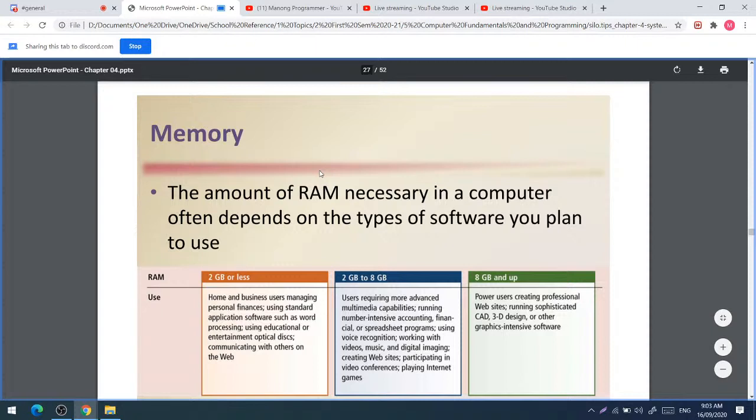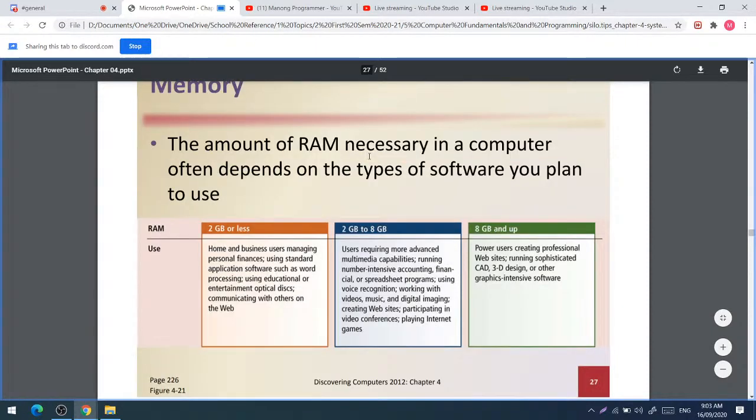Okay, the amount of RAM necessary in a computer often depends on the types of software you plan to use. Before we buy a computer, let us look at the applications we will use later on.